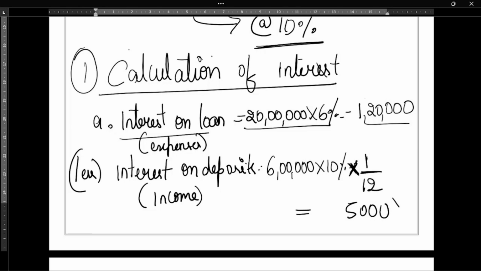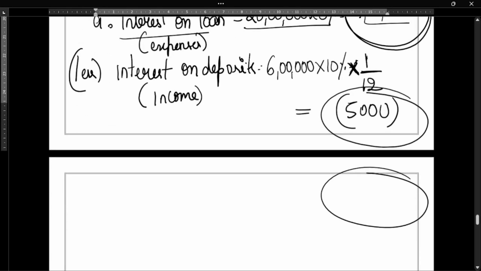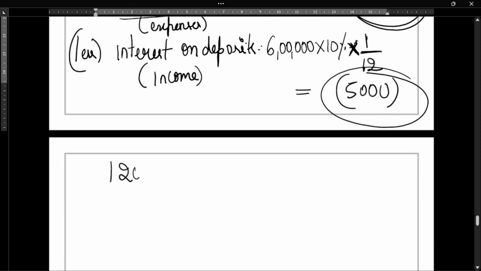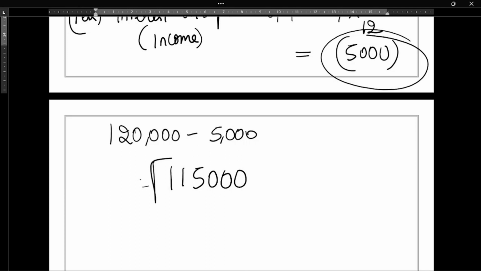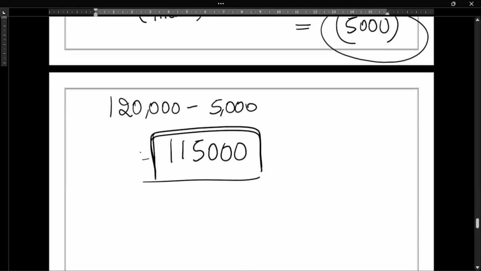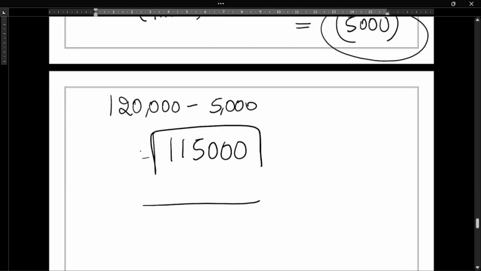So that 5,000 you need to subtract from this 1,20,000. So 1,20,000 minus 5,000, you will get 1,15,000 interest.